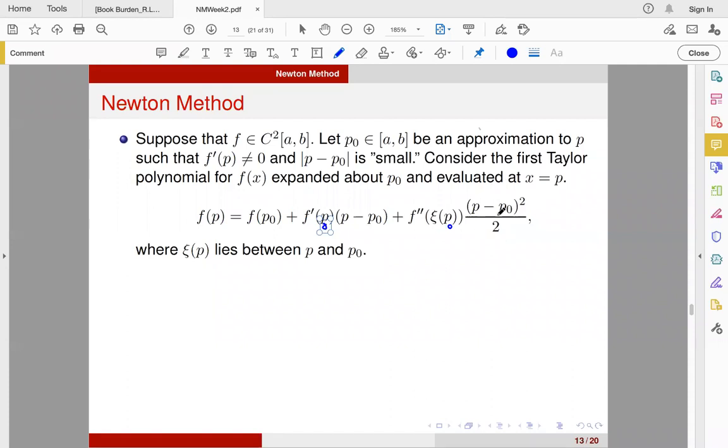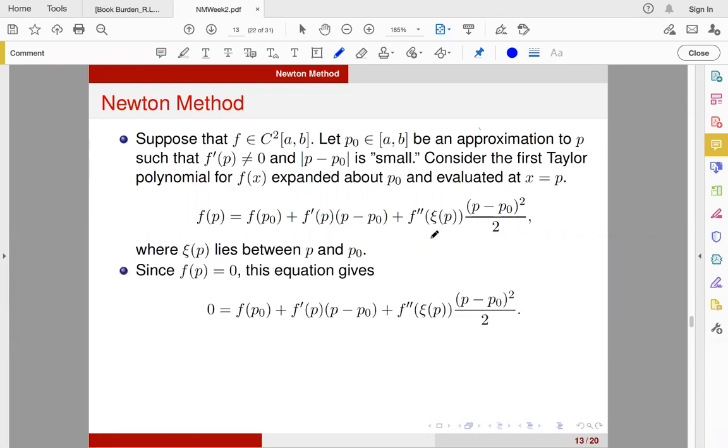It becomes smaller and smaller. Therefore, this term can be omitted, because the term is really, really small. So we need to choose the value of p0 that is hopefully close to our root.